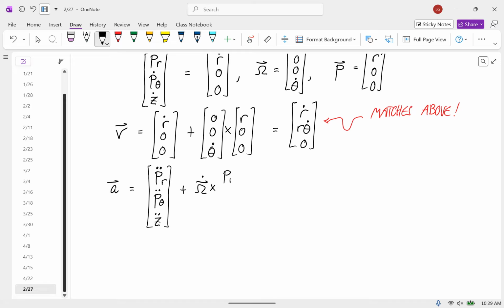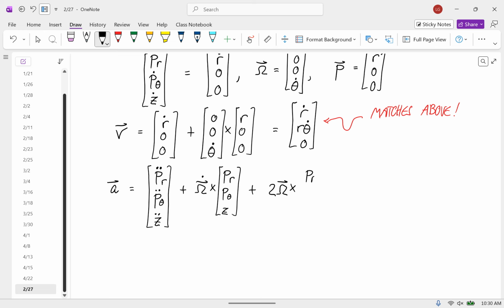So that's P_r, P_theta, Z. Plus 2 times omega crossed with the first time derivatives of the position components.